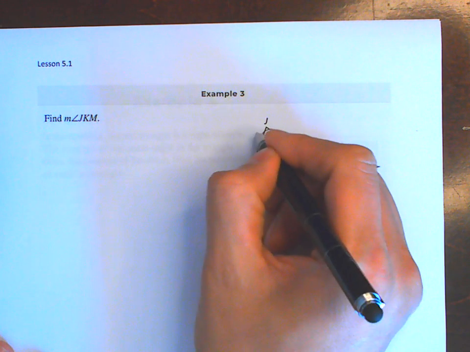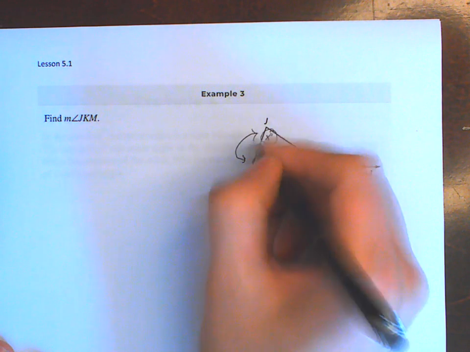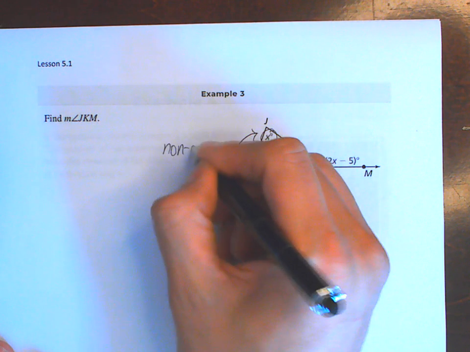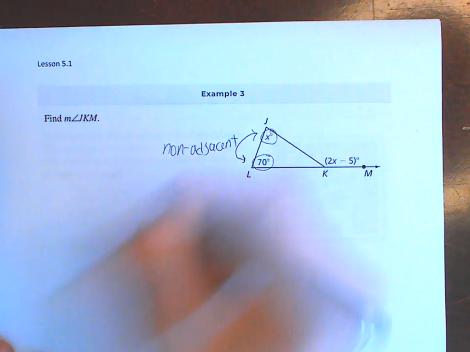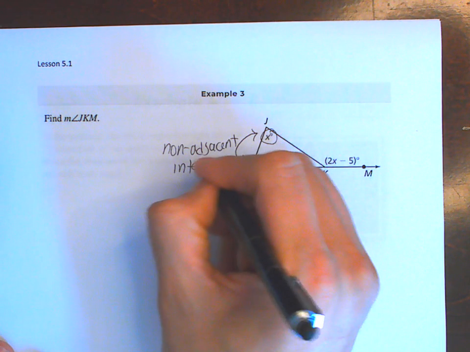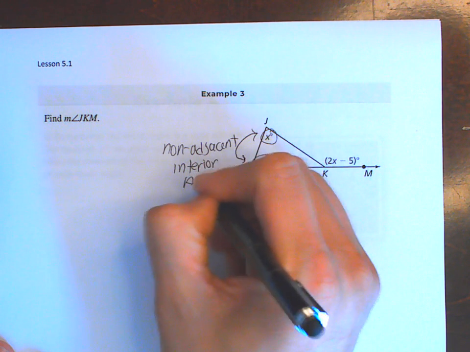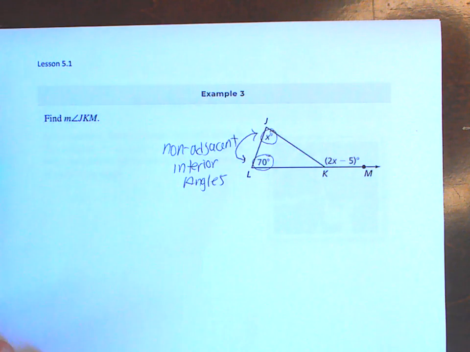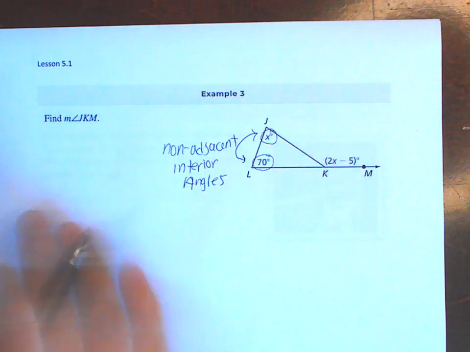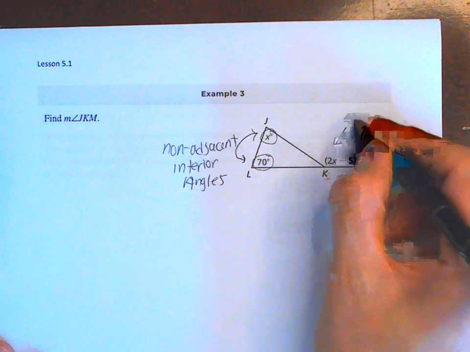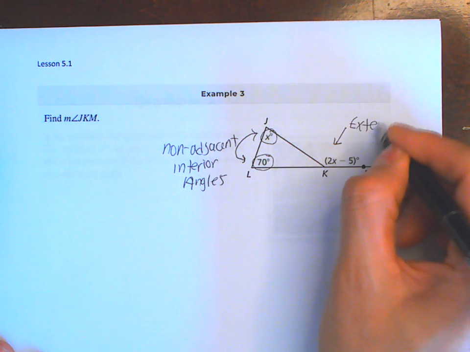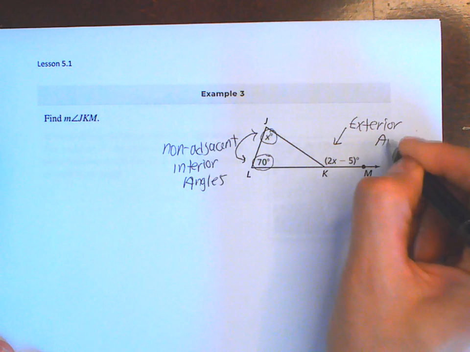So these two angles right here are the non-adjacent interior angles. So I have to add those two, and I have to set it equal to this angle, which is the exterior angle.